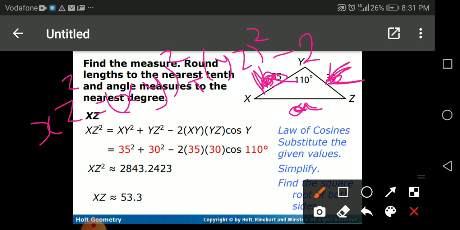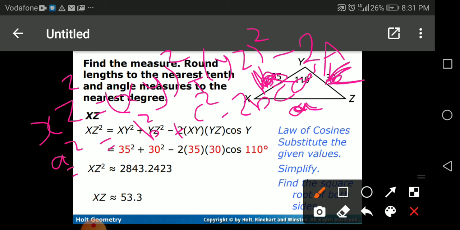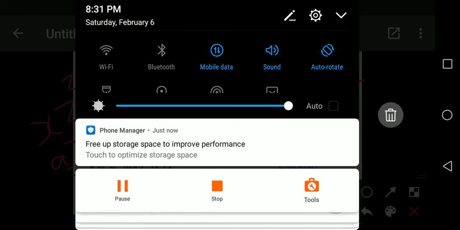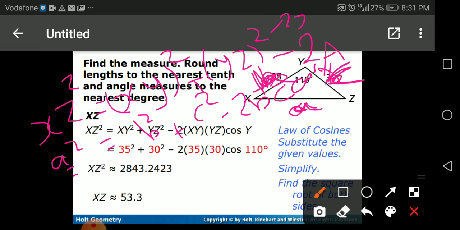So we said before a² is b² plus c² minus what? 2bc cosine A capital. Remember? So XY², YZ², minus 2 times XY.